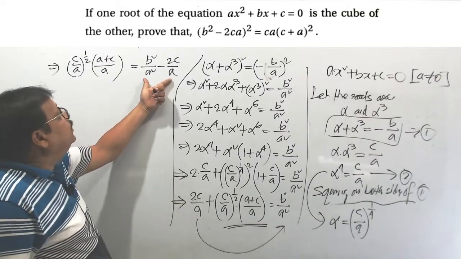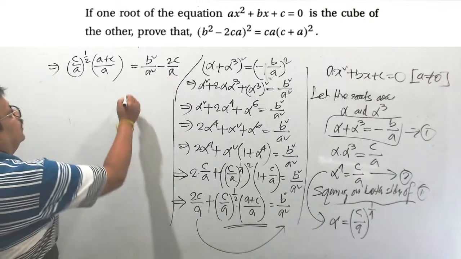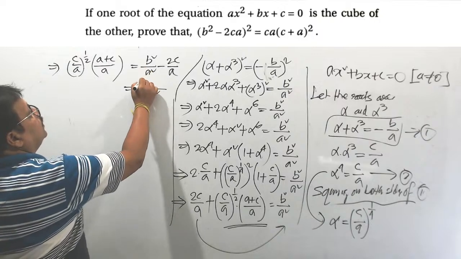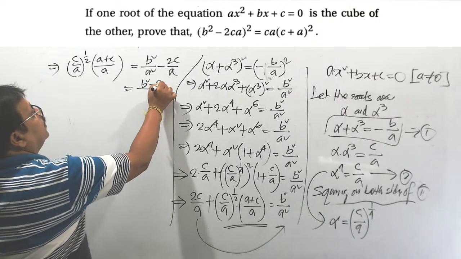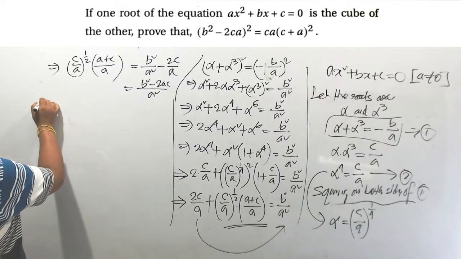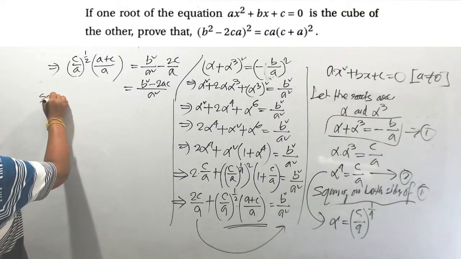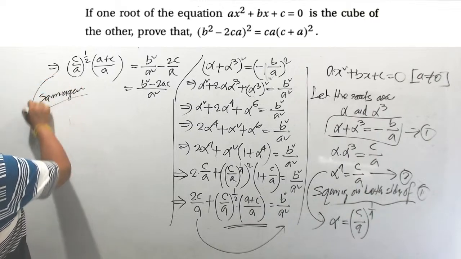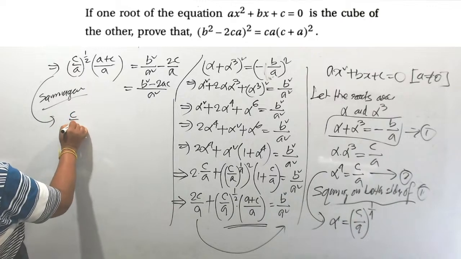But before squaring, you have to simplify the right part. What is the LCM? A square. So a square means b square minus twice ac. Understood? So squaring again, we get c by a.